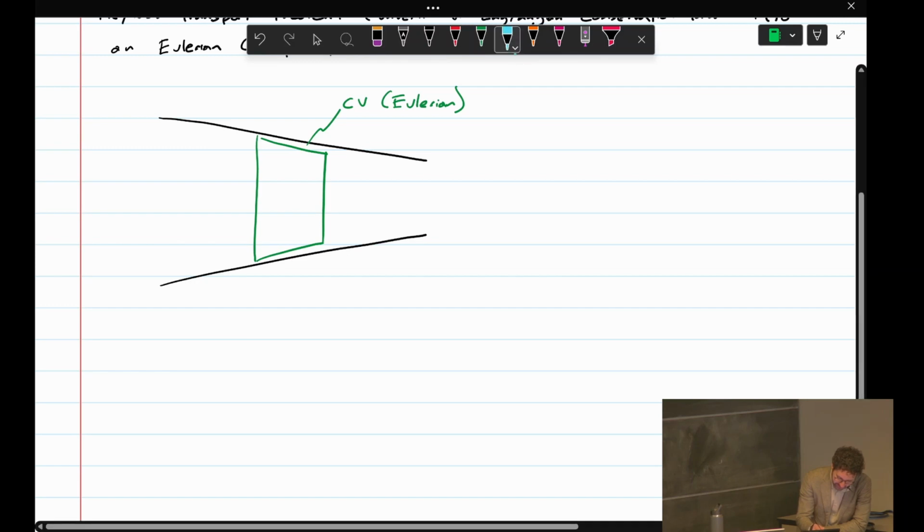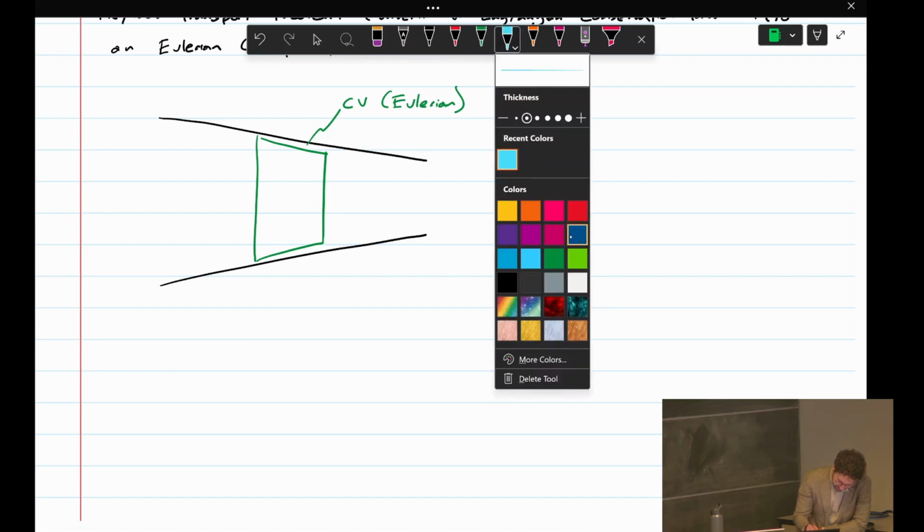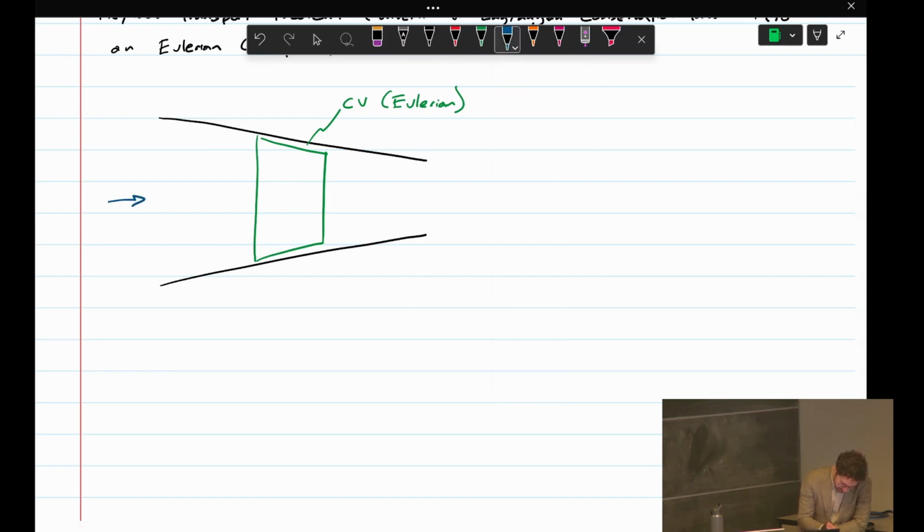Again, our flow is going through this. So the control masses, the systems that we're going to track, are going to be these chunks of fluid going through our converging section.